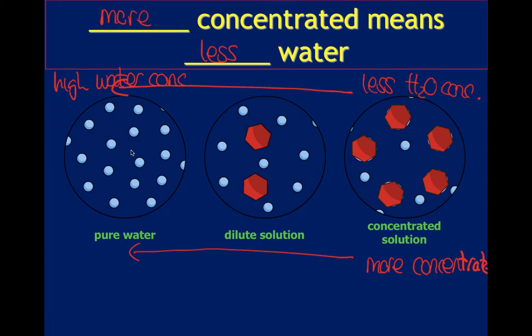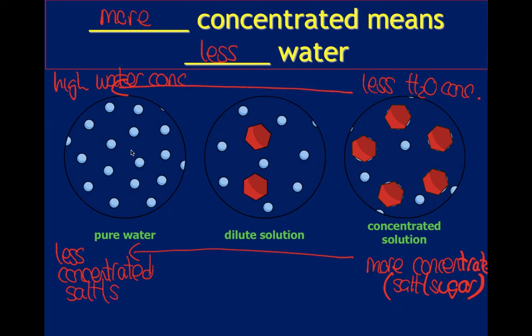And down here it is going to be less concentrated. Okay, so the more concentrated always refers to salt and sugar, how much of that is in there, whereas you need to translate that into water being present.